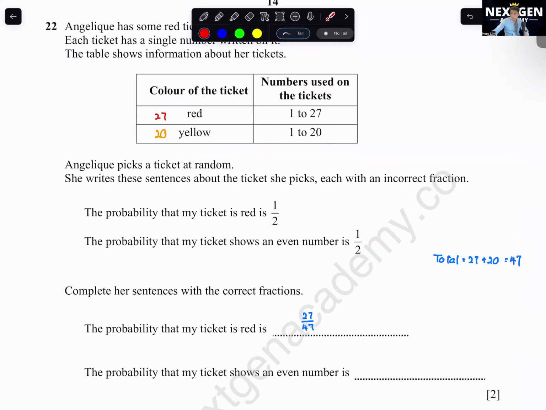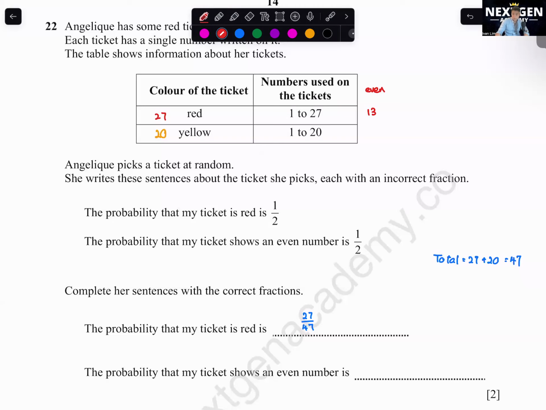13? Okay, why 13? So how many even numbers here? Total, not just the red one. Not just the red one. Okay, so we got 13 here. You're correct. The yellow one, how many even numbers do we have?